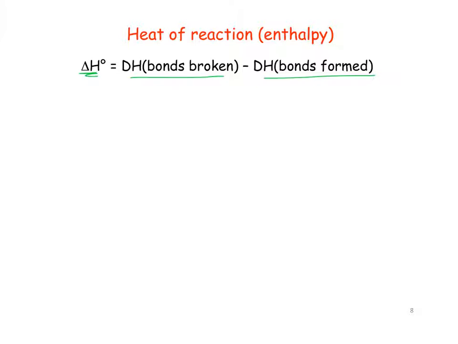In general, the way this is done is that we take the enthalpies of the bonds broken, and this is called the bond dissociation energy. So we can sum up the bond dissociation energies of the bonds being broken, and we subtract from that the bond dissociation enthalpies for the bonds being formed.